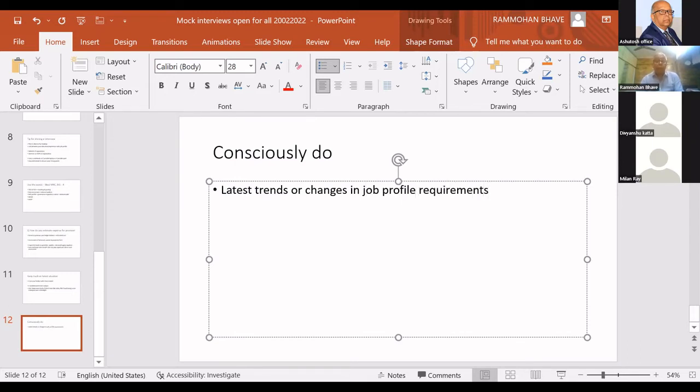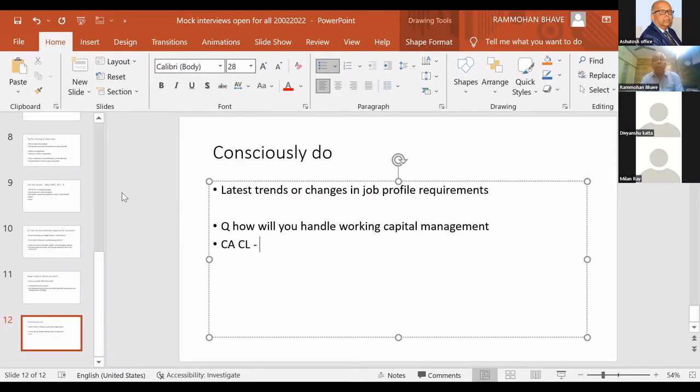So for example, there was a question: how will you handle working capital management? So your answer starts with working capital is current assets minus current liabilities.